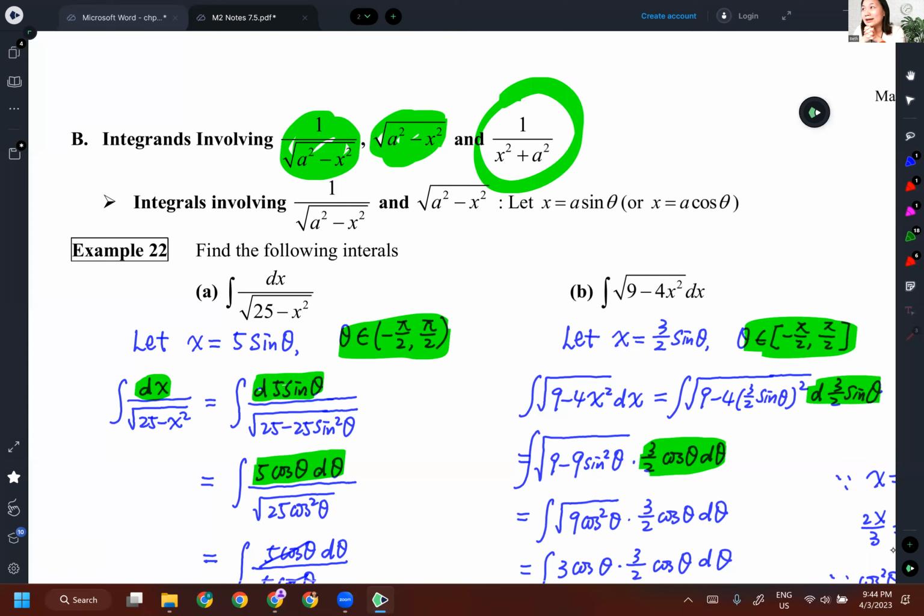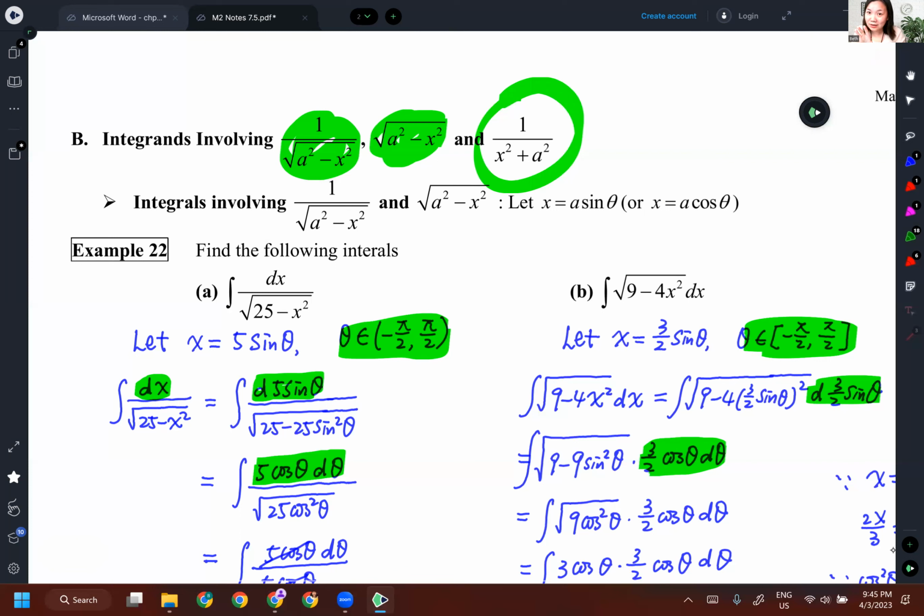In your exercise, you should intentionally practice this method. Now, I'm not saying that some of the exercises cannot be solved using other methods. With the examples, it's perfectly fine, because example 22, example 23, example 24, these three examples, you really cannot solve the integration if you don't use the substitution.